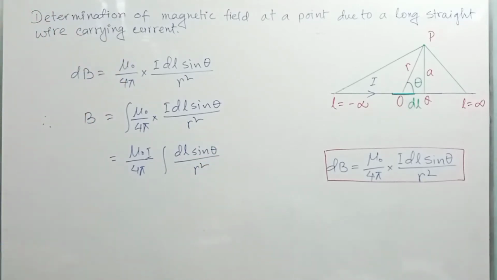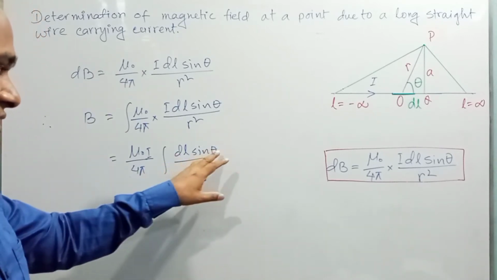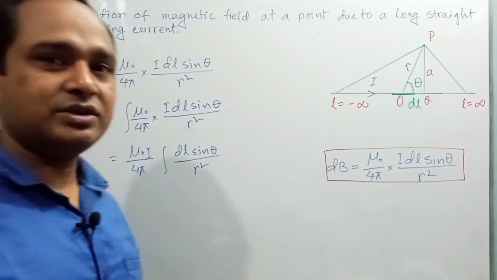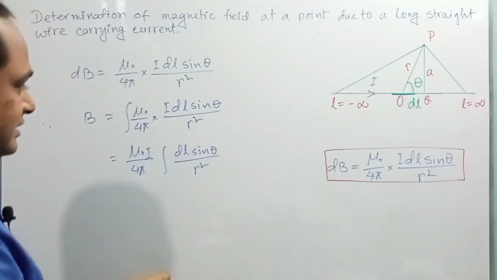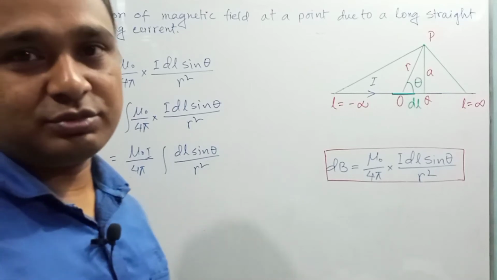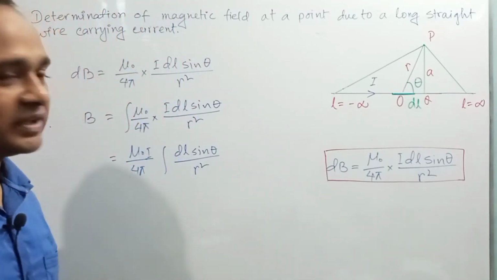In the expression, dear student, you can realize that l, theta and r are variables. There are three variable quantities. For simplicity, we have to convert l, theta and r into a single variable quantity, and that will help us to simplify the expression.